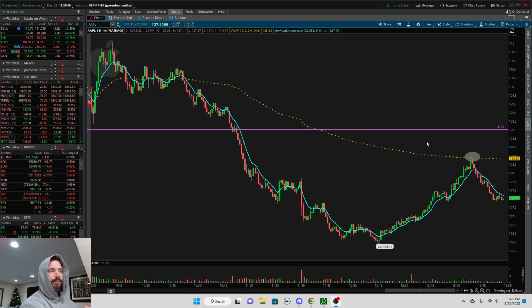That is VWAP, and that is that yellow dotted line on my charts. So I'm going to get into a trade that I just opened up about 20 minutes or so ago. I got into Apple puts at that VWAP spot for an expected rejection.